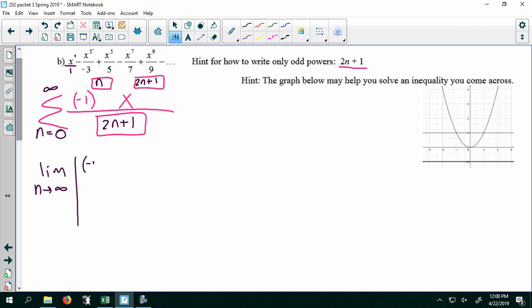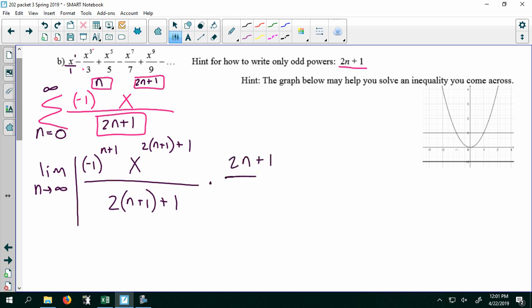So this becomes (-1)^(n+1) times x^(2(n+1)+1) over 2(n+1)+1. And then we divide by the nth term, or multiply by its reciprocal. So this is (2n+1) over (-1)^n times x^(2n+1).